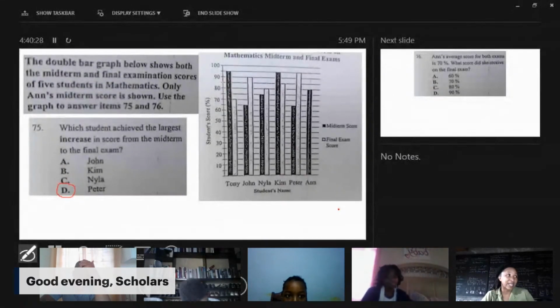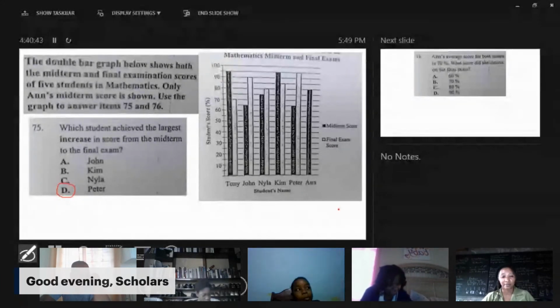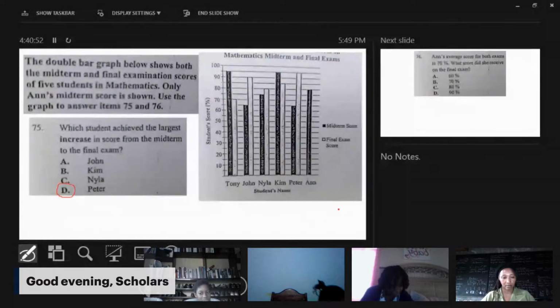Remember guys, we did this on Wednesday when we were doing averages. How do you find the other score? If you know one score and you know the average, how do you find the other score? Multiply the 70 by 2 and then what?